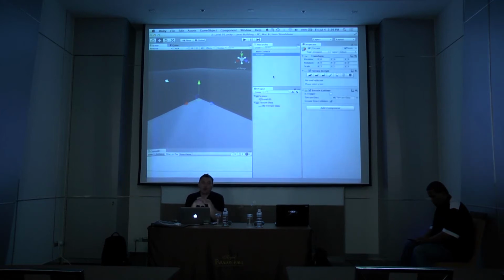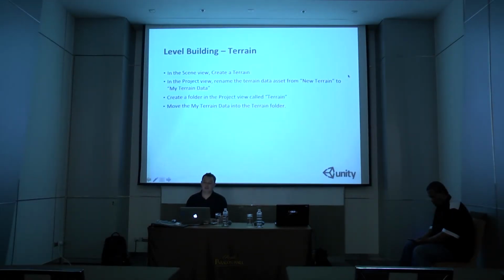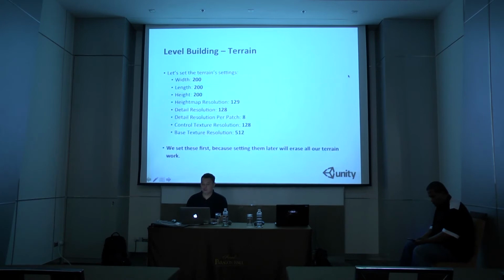Now, by default, when we create a terrain in Unity, it's really huge. It's something like 2 kilometers by 2 kilometers in size, so it's a little bit big for us to play with today. So we're going to cut down the size a little bit so we can play with it more easily. So the first thing you want to do when you create terrain is set up the resolution.